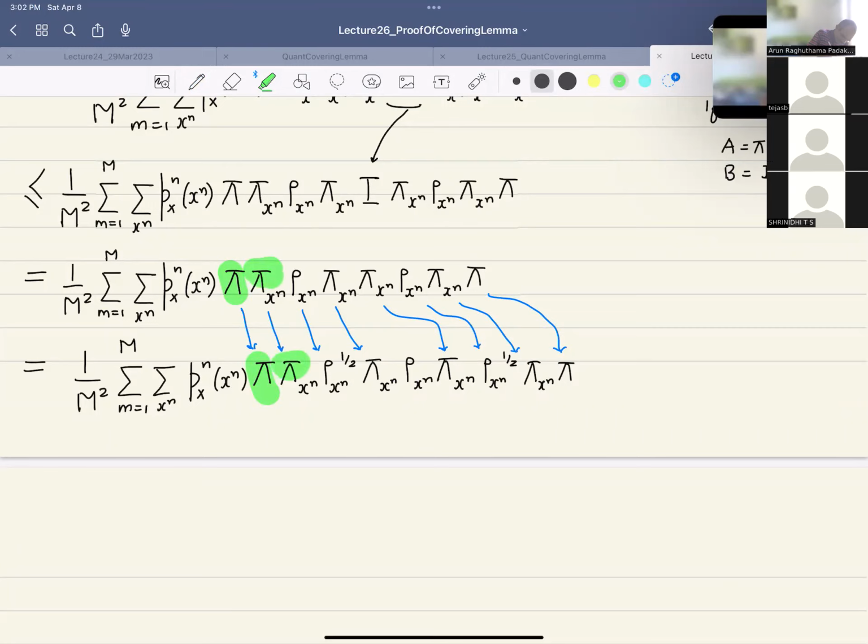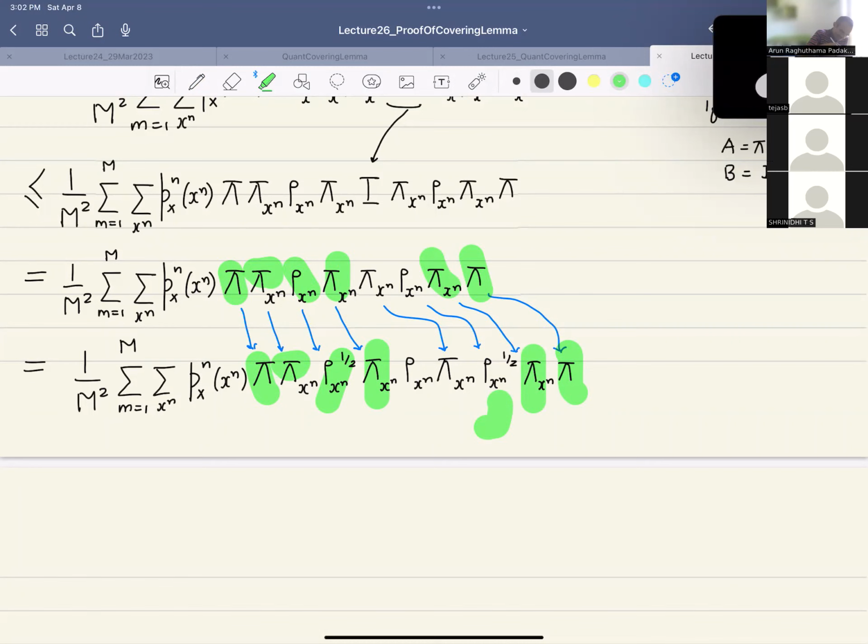This pi comes here. This rho xn, I remove a rho half xn out. This pi is as is. From the right again, this pi is as is. This pi xn is as is. I took out a rho half xn again from the right and a rho half xn to the left, and I put it in the middle. Is this okay?